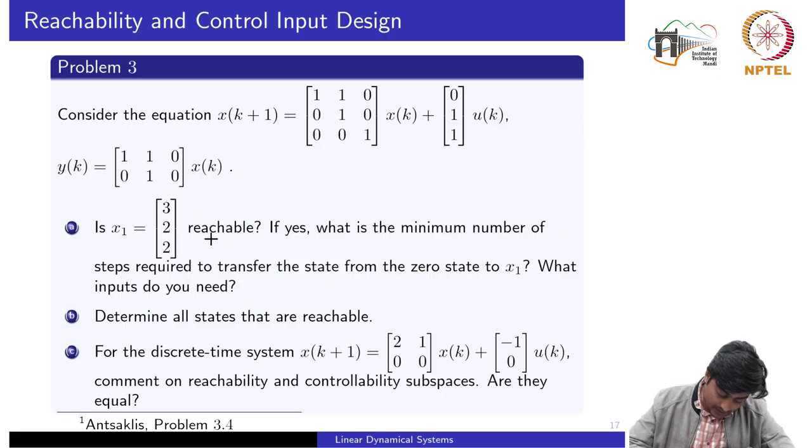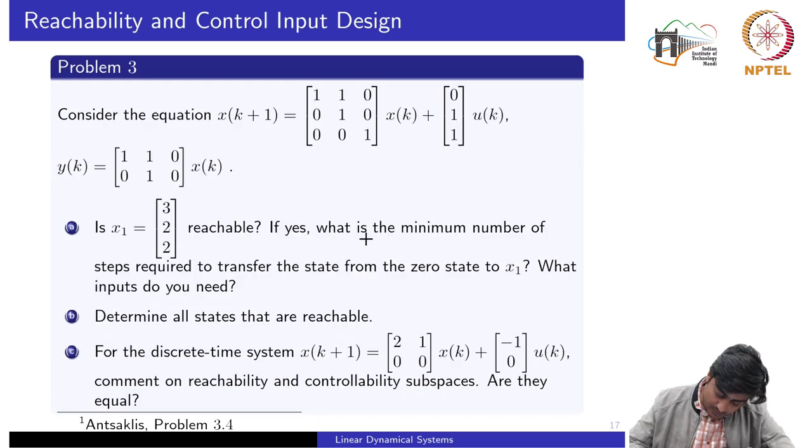If you recall the definition of reachability, from the zero initial condition we want to reach some non-zero state, and here we have specified those conditions. So starting from the origin, we want to determine whether there exists any control input such that we can reach this x1 at t1.